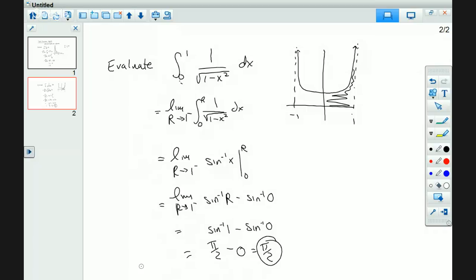Hold on. 1.5707. Pi over 2? Pi over 2 is outside, is larger than 1. It is. I might have to think about that then.